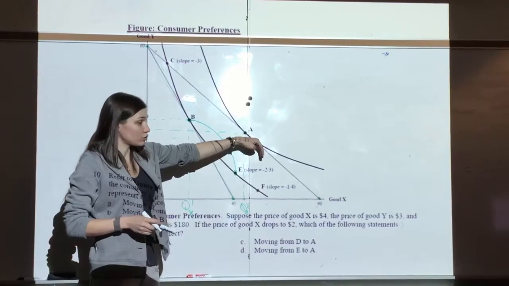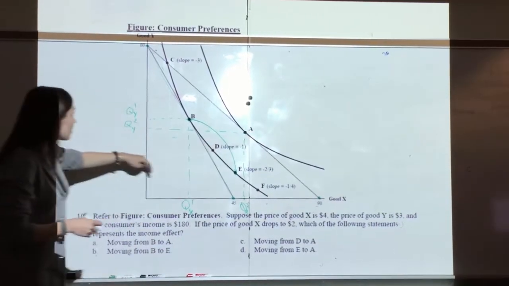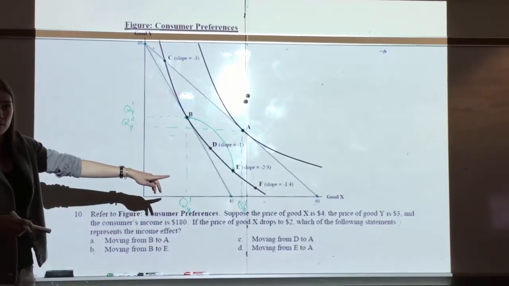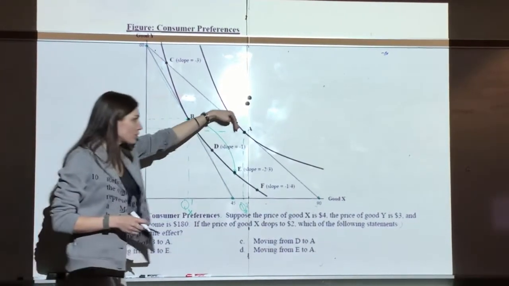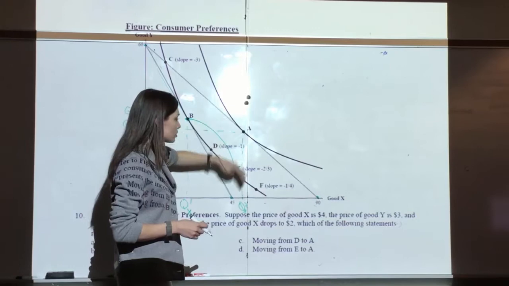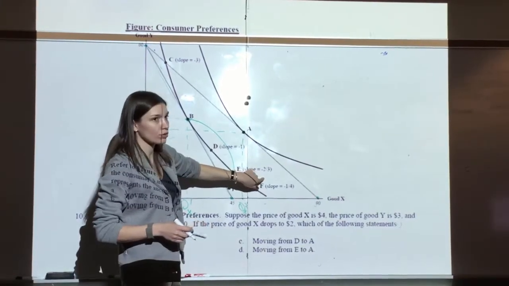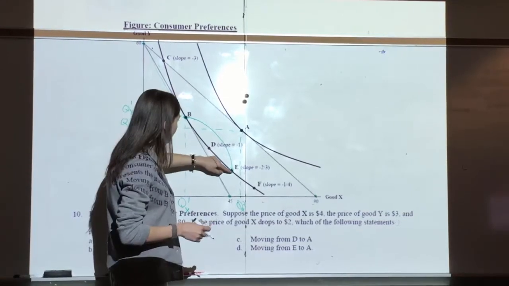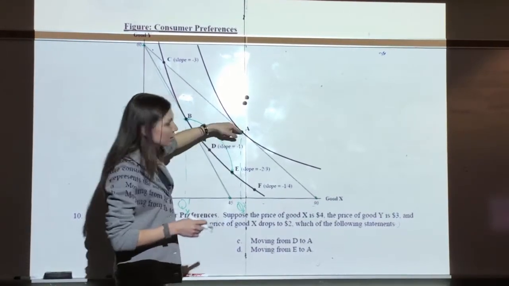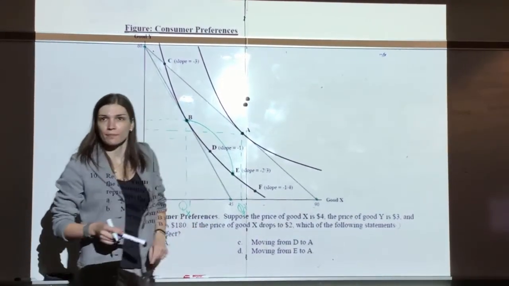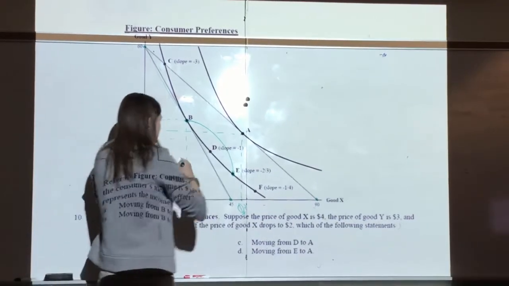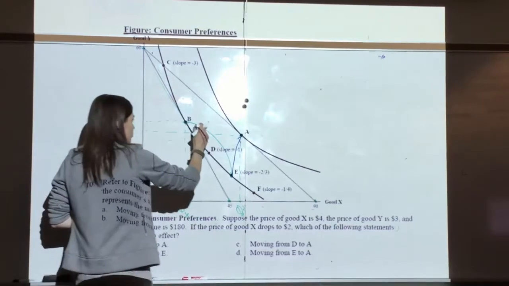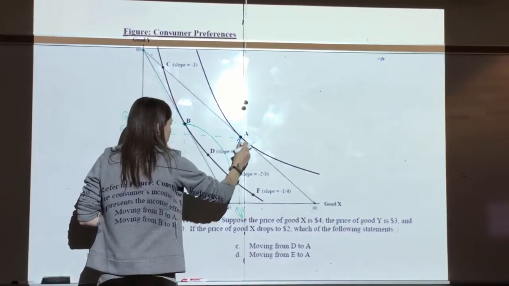The slope of the new budget line is 6/9, or 2/3 as well, so negative 2/3. The slope at E we're told is also negative 2/3. So the substitution effect is from B to E, and the income effect is from E to A. This is substitution, this is income.